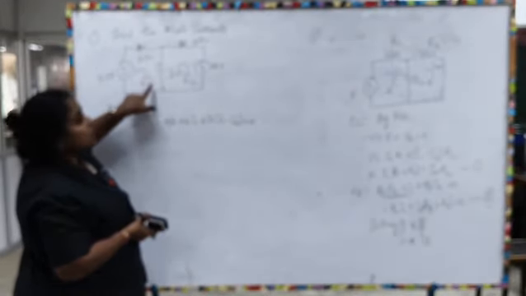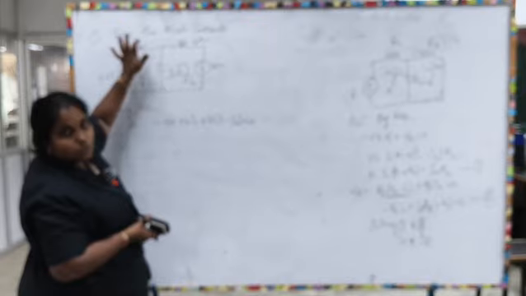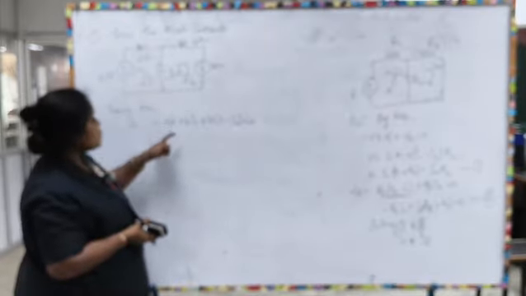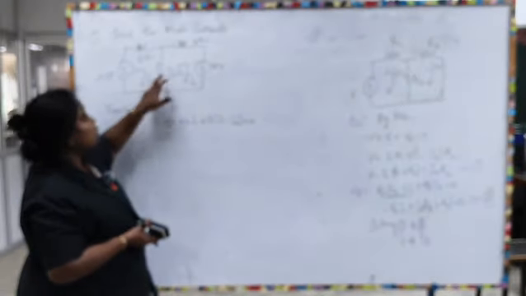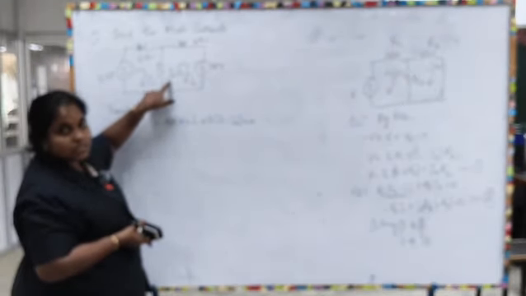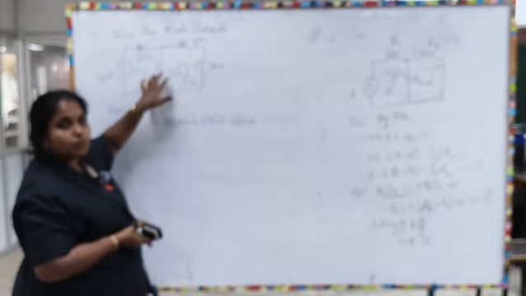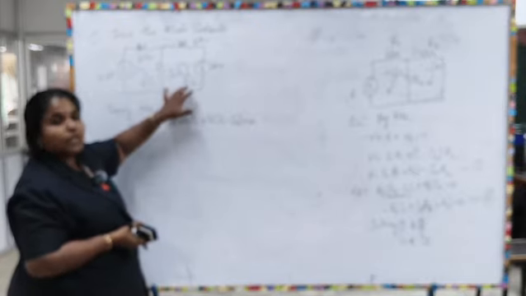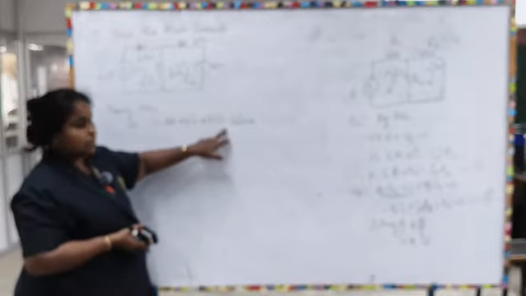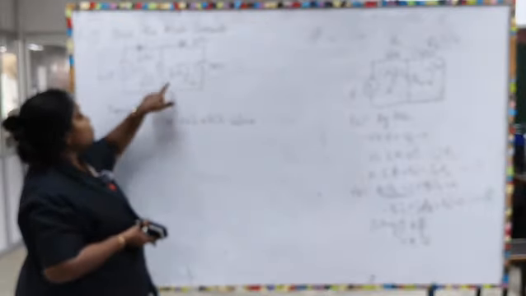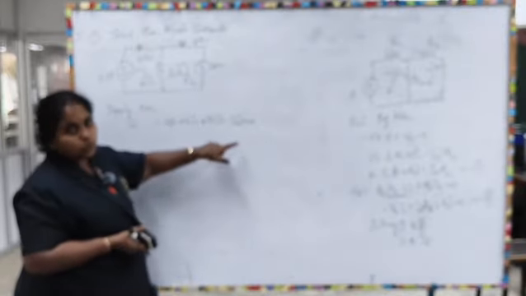Only the current I1 flows through this 6 ohm resistor. So, it is plus 6 into I1 plus 3 into, if you take this 3 ohm resistor, it is common between mesh 1 and 2, right. So, while writing the current for this particular resistor, it should be I1 minus I2.